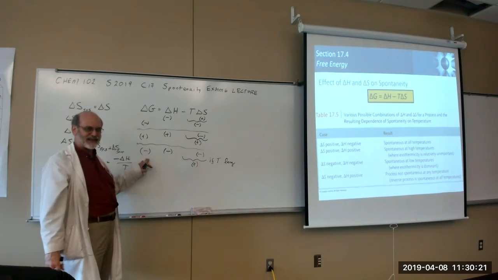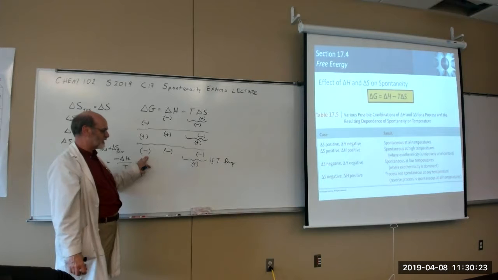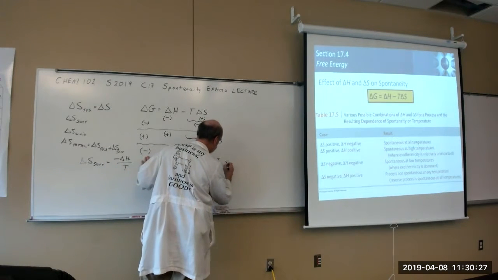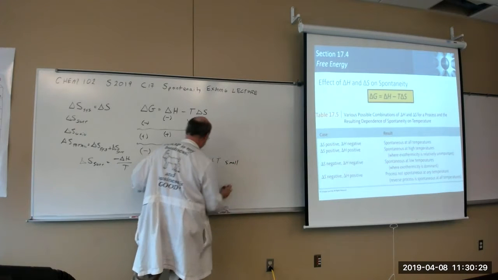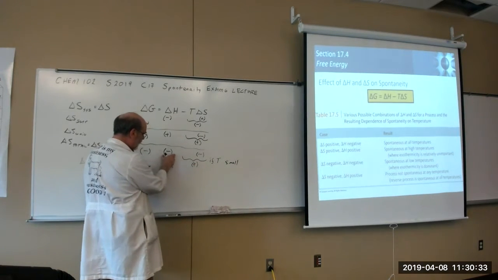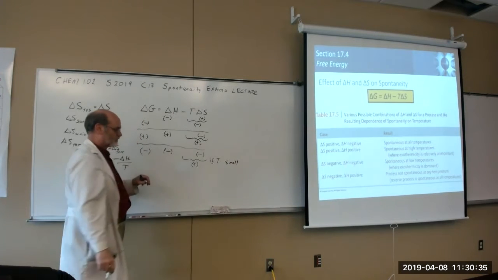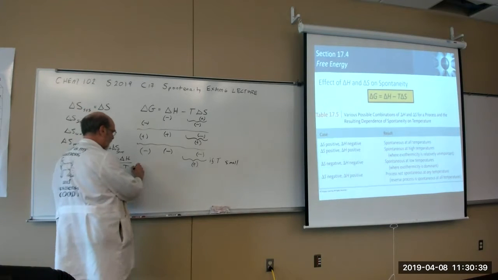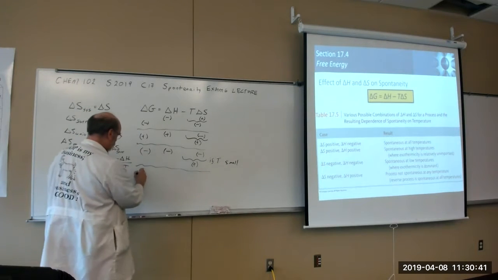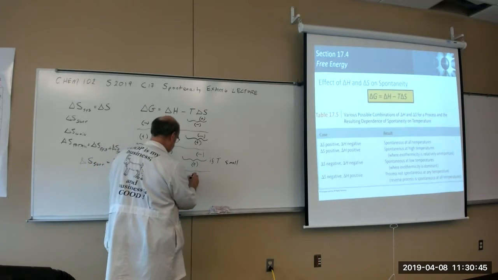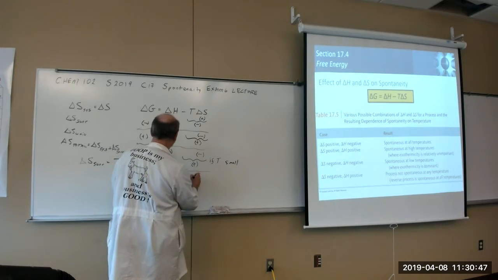Spontaneous has to be negative. That has to be negative. So T is small. Right? If this term is very small, then that one dominates. Yes, small temperature. Low temperature. And for the other one, in order for it to be spontaneous, this one's positive.